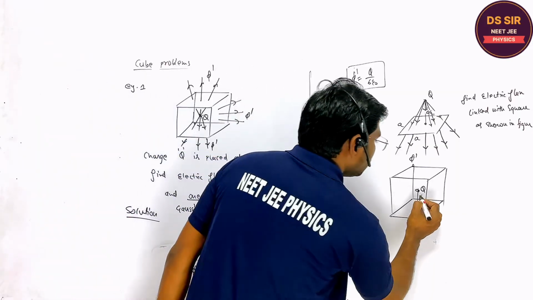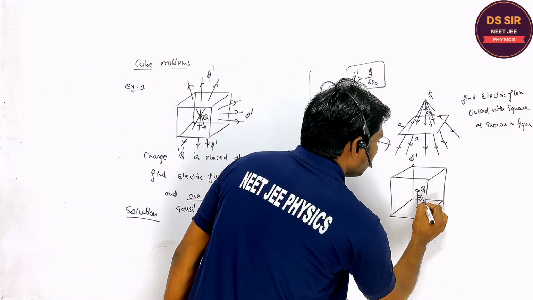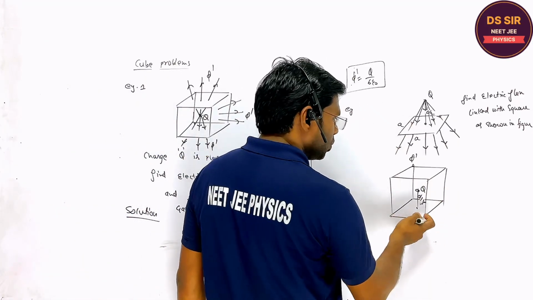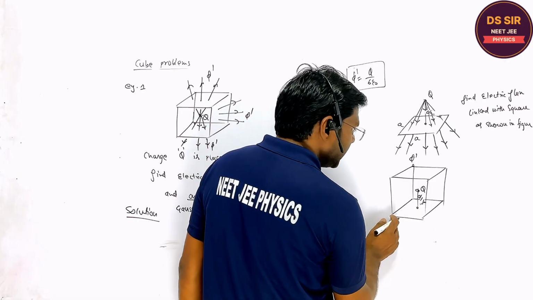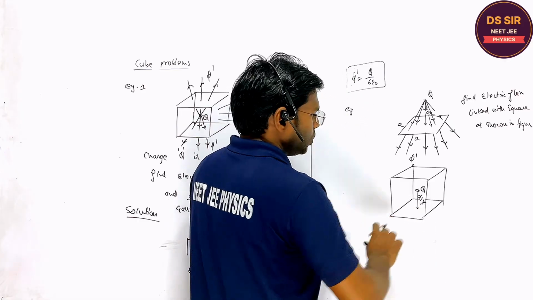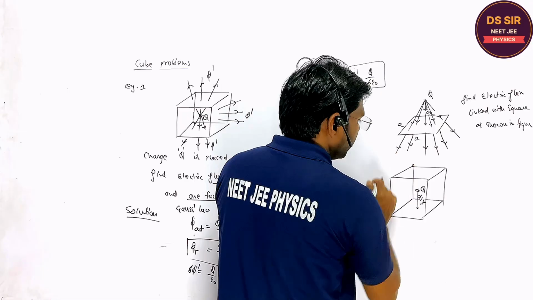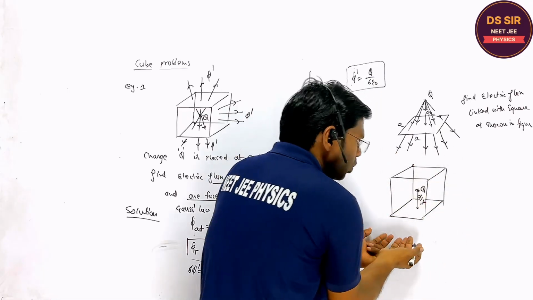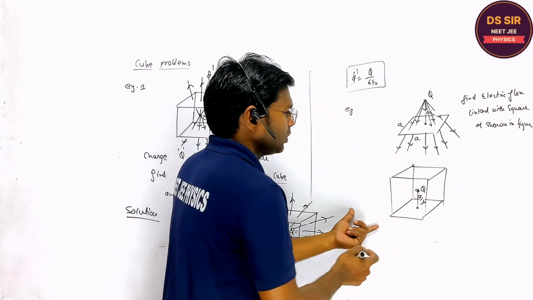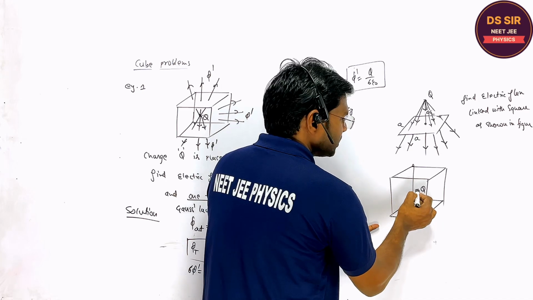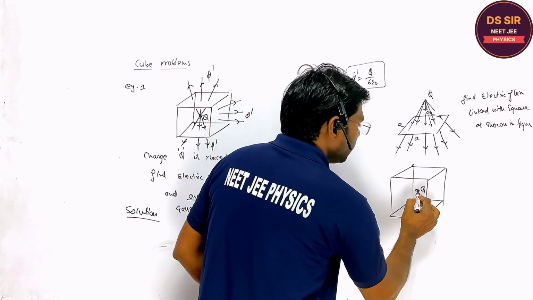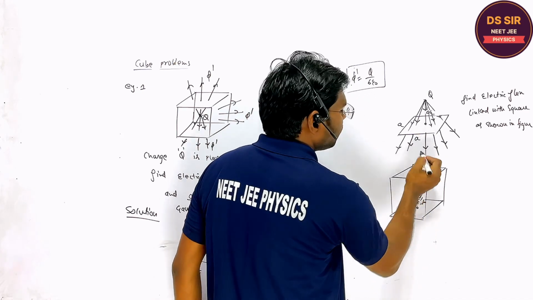If this is a by 2, we have only the one square, so you can make an imaginary cube like this. So now this is the surface, and the charge is enclosed by this cube. It is placed at the center of the cube, so what is the flux linked with the one face?